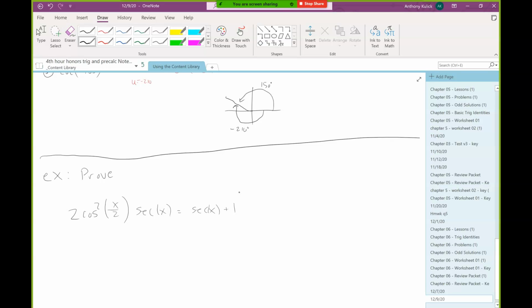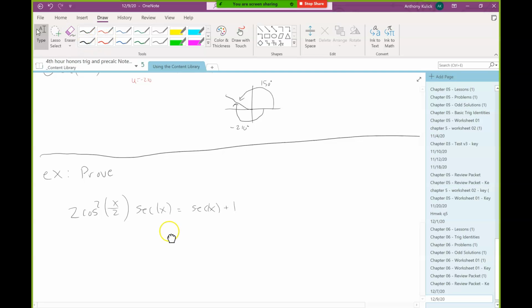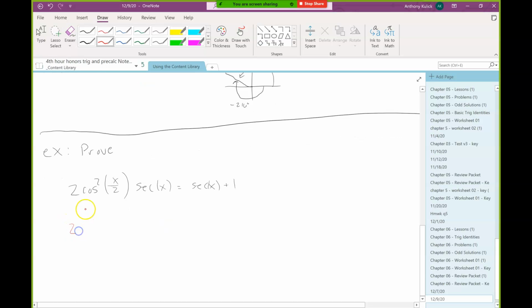So in this particular problem, again, I'm going to choose to work on the left-hand side because I see the half-angle identity staring me in the face there. So if I go back and fill in my half-angle identity for cosine, 2 is going to stay there.